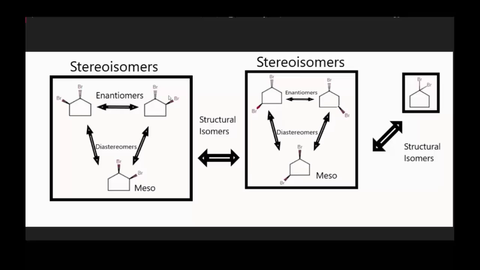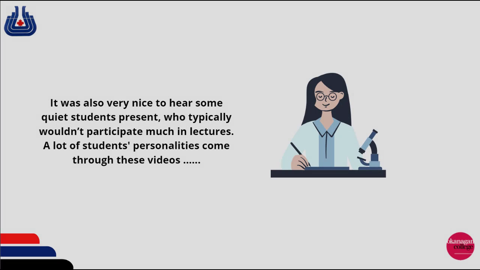They have different configurations, which means they are stereoisomers. And this can be broken down even further. Ones that are non-superimposable mirror images of each other, like this one and this one, or this one and this one, are called enantiomers.